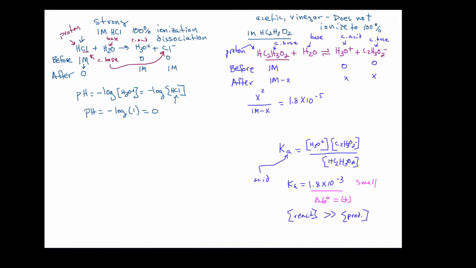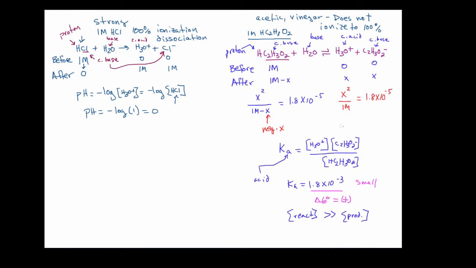Since we're dealing with a small equilibrium constant, we get to neglect the X. So the expression simplifies to x squared over 1 molar is equal to 1.8 times 10 to the minus fifth. Solving, x squared is equal to 1 molar times 1.8 times 10 to the minus fifth.